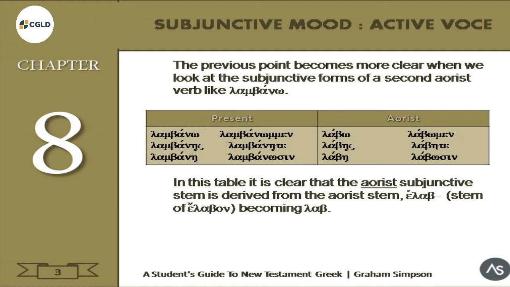Aorist subjunctive form of lambano: labo, labomen, labes, labete, labe, labosin. In this table, it is clear that the aorist subjunctive stem is derived from the aorist stem, elab, the stem of elabon, which becomes lab.